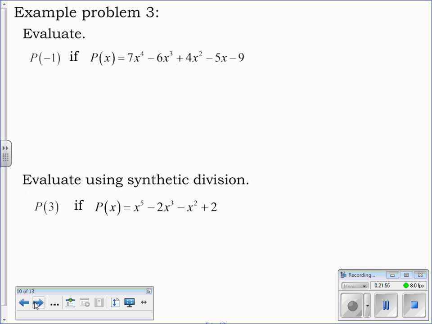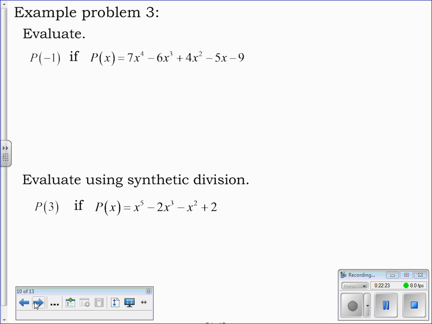But synthetic division actually has a better use, or I should say a way of simplifying things. Let's say I want to evaluate a polynomial for a particular value. I want to plug a number in for x, like we've been doing. Now with the quadratic, I'm just going to plug the number in. But if I got something like this, it's a lot more complicated.